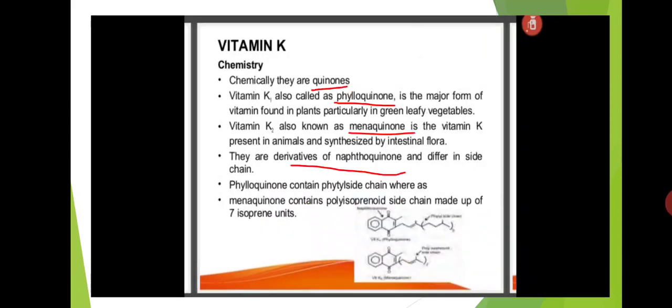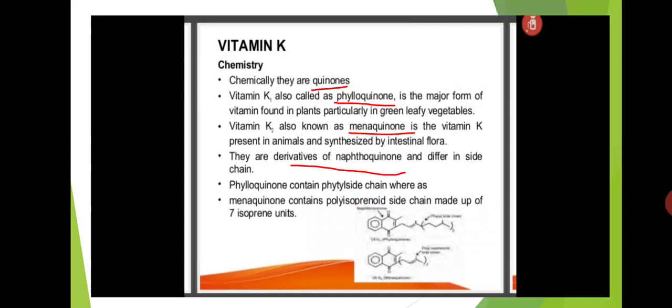Next is vitamin K. Chemically, vitamin K compounds are quinones. Vitamin K1 is also called phylloquinone, a major form of the vitamin found in plants, particularly in green leafy vegetables. Vitamin K2, also known as menaquinone, is present in animals and synthesized by intestinal flora.